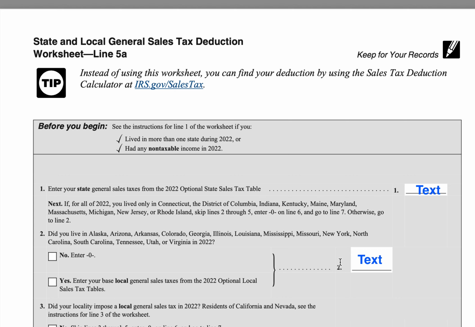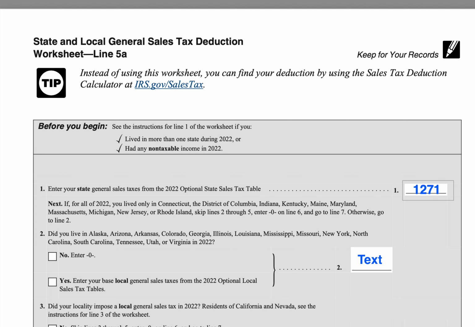We would go to the tax table, which in this case would be on A15 of the Schedule A instructions. For a family of four at $100,000, that would come out to $1,271. So that's what we're going to enter here.